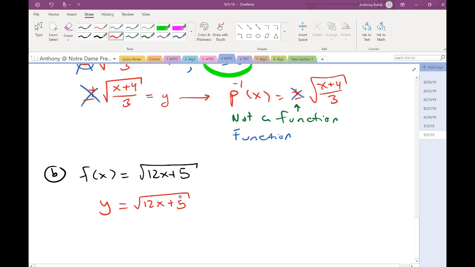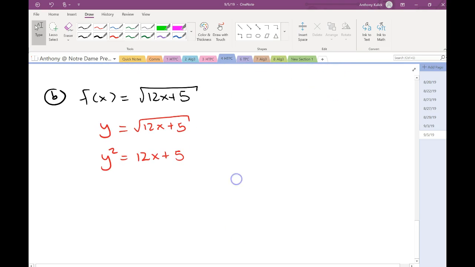What would be the first thing I'd want to do to get the x by itself here? Square both sides. That's good. Then what should I do? Subtract 5. Very good. And lastly, divide by 12.